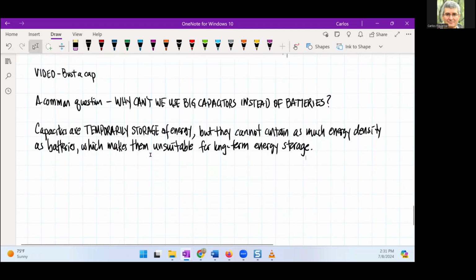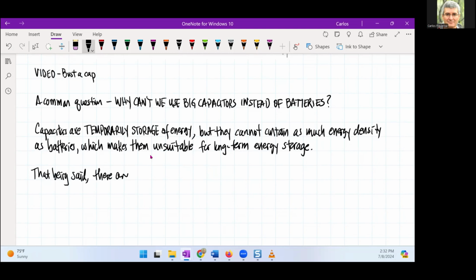Now, that being said, there are supercapacitors. And supercapacitors are pretty damn impressive.